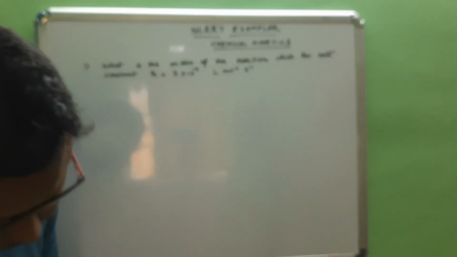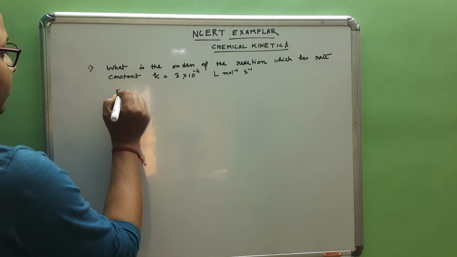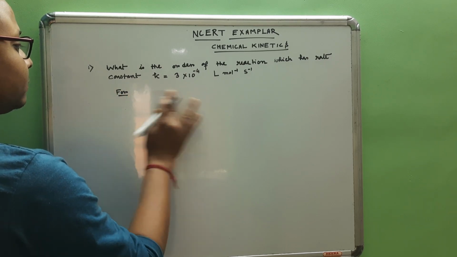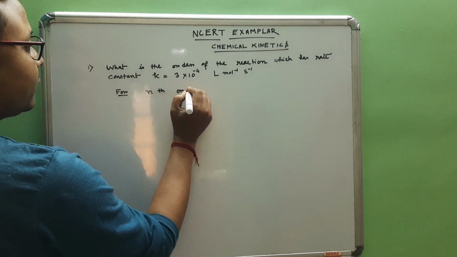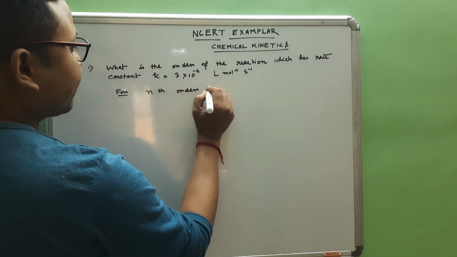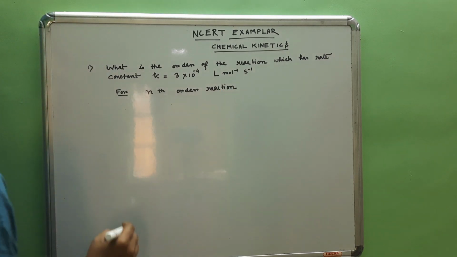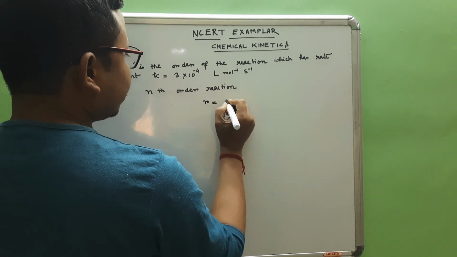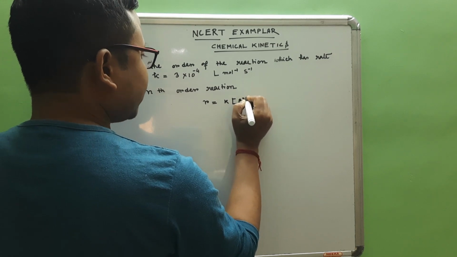So we can write, for an nth order reaction, the rate equals rate constant k into concentration to the power n.